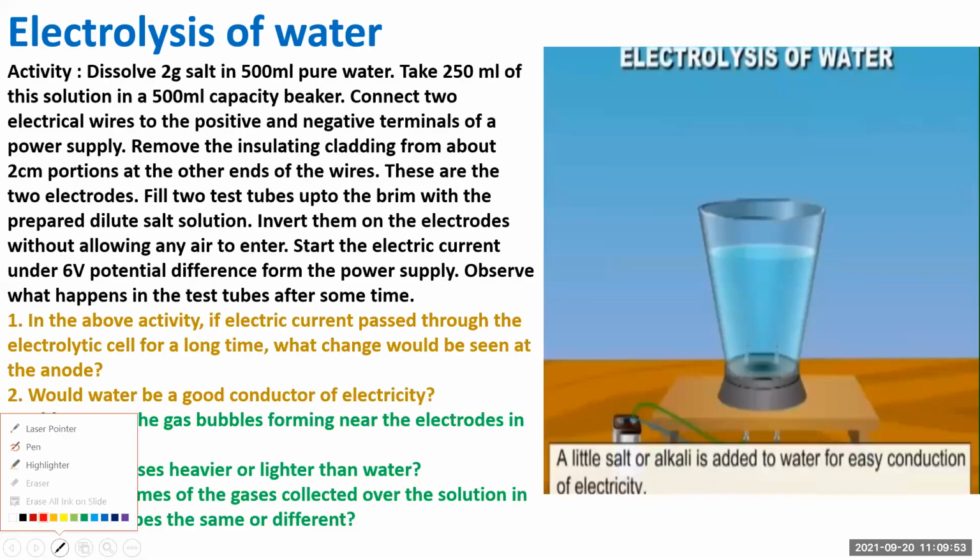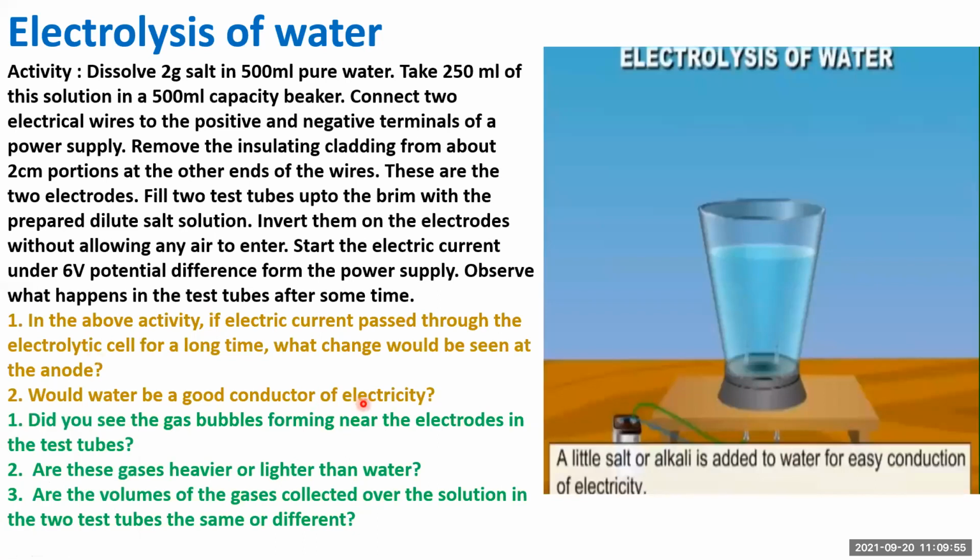Second question: would water be a good conductor of electricity? Pure water is not a good conductor of electricity, but impure water, salt solution, water with salt, or any strong acid and strong base can be a good conductor of electricity.